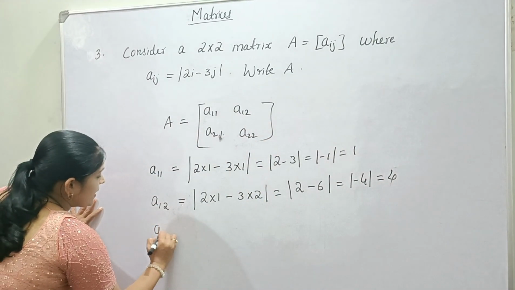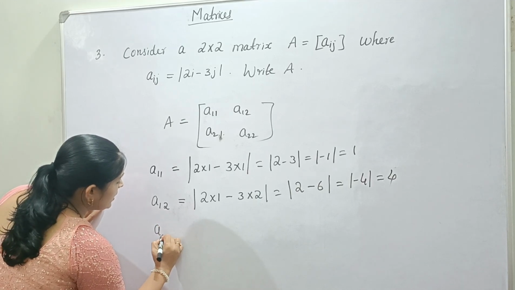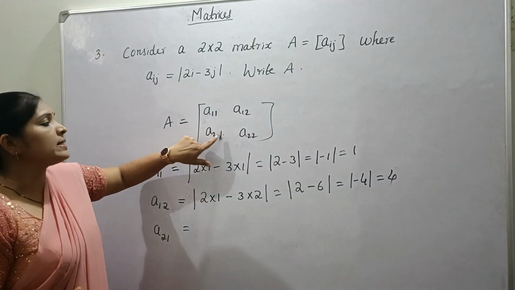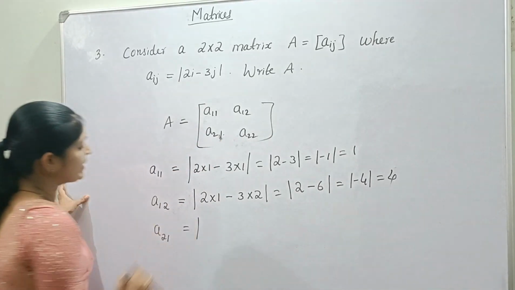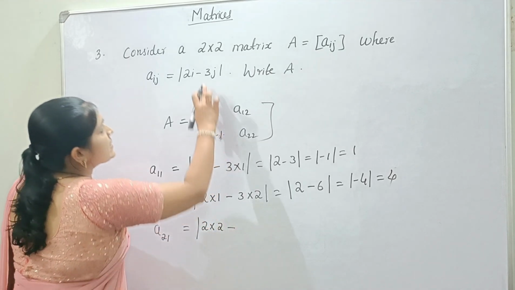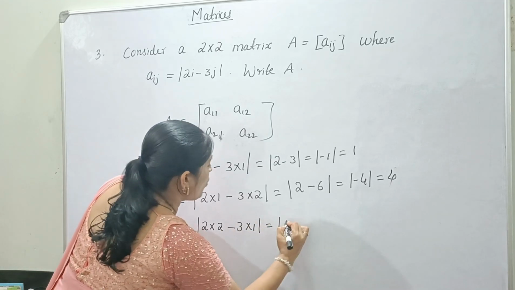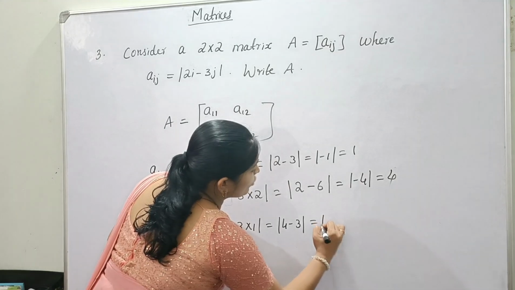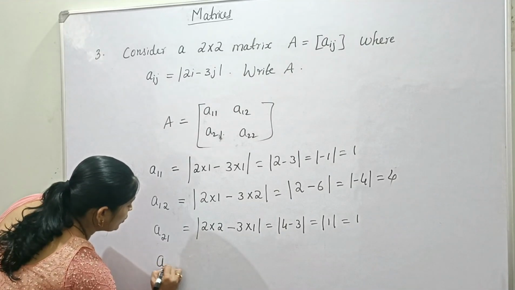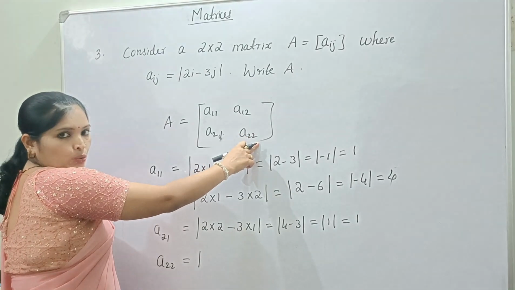Next, let us find A21. Here i is equal to 2, j is equal to 1. Substitute: modulus of 2 into 2 minus 3 into 1, that is modulus 4 minus 3, modulus 1, that is 1 itself. Next, A22, here i is equal to 2, j is equal to 2.